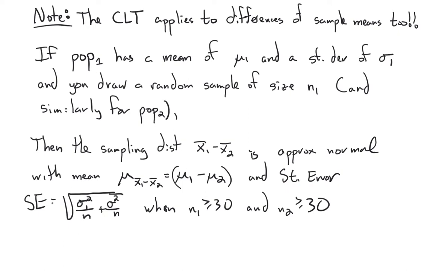And the standard error is going to be a little bit different than what it is for the one sample case, but it does look quite similar. It is the variance of each of these squared over N1 and N2, the sample sizes. And that gives us our measure of spread in our sampling distribution, the standard error.